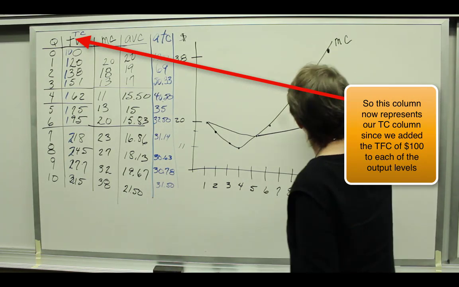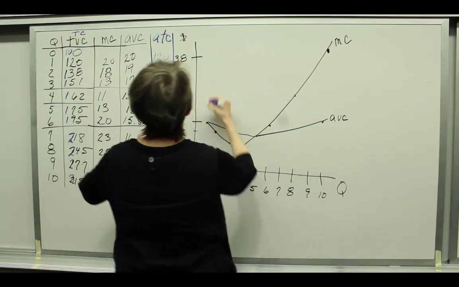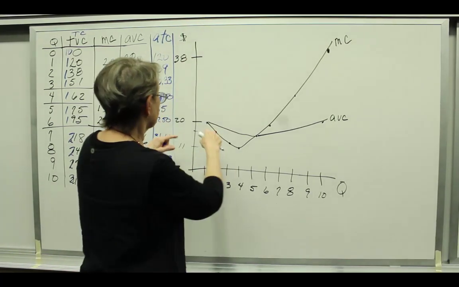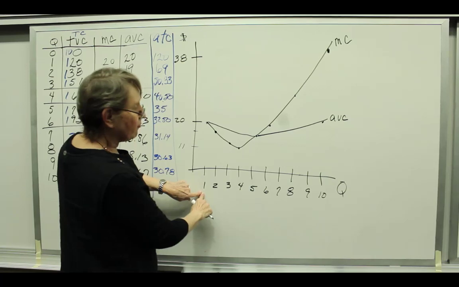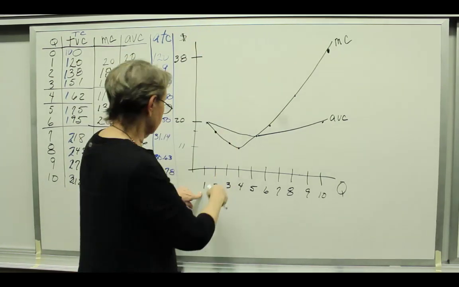And so if we graph this, my average total costs start way up here off of the board. I can't even mark it because the average total cost of the first unit is 120. That's way up there in the ceiling.